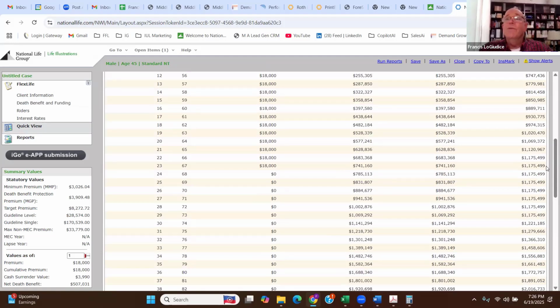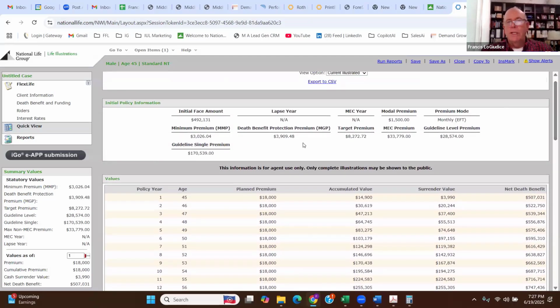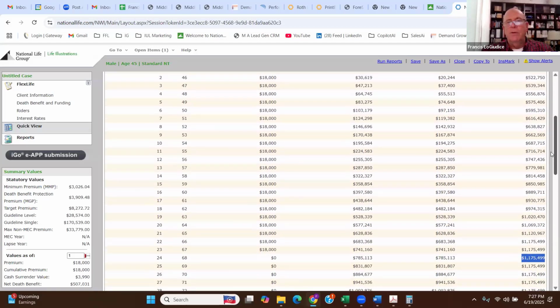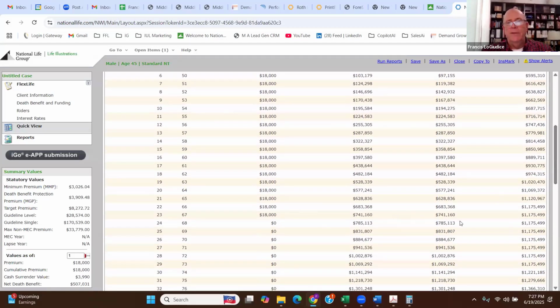If you remember, over here the life insurance was only 857. Now it's 1.1 million. So he has even more life insurance for later on in life, because we did increasing, and now we stopped the increasing at age 67.